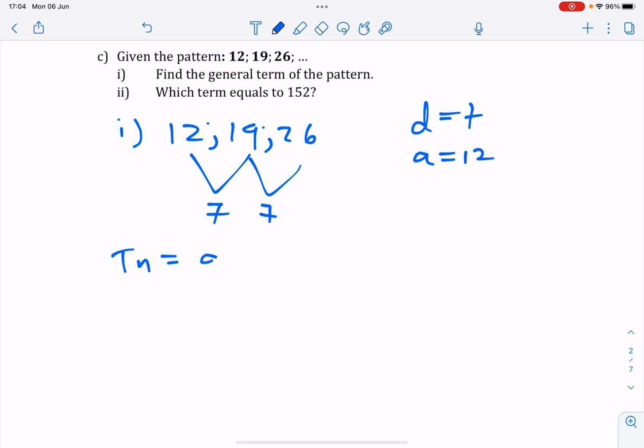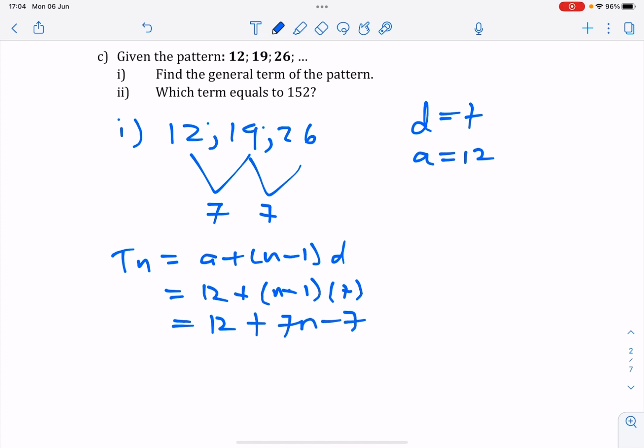Tn equals a plus n minus 1 d. A is equal to 12, d is equal to 7. And we simplify: 12 plus 7n minus 7. 7n, and 12 minus 7 is 5. That's our general term.